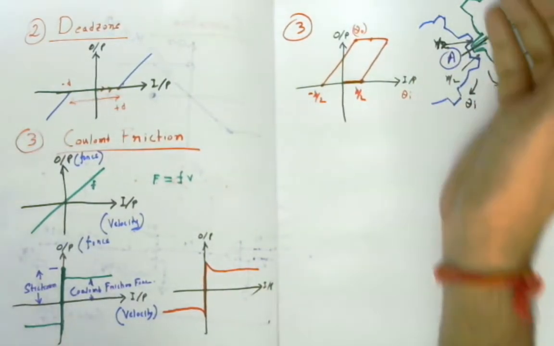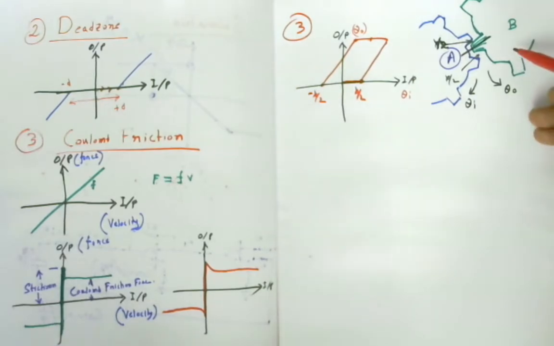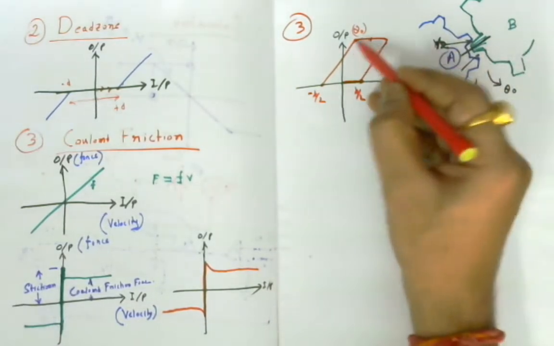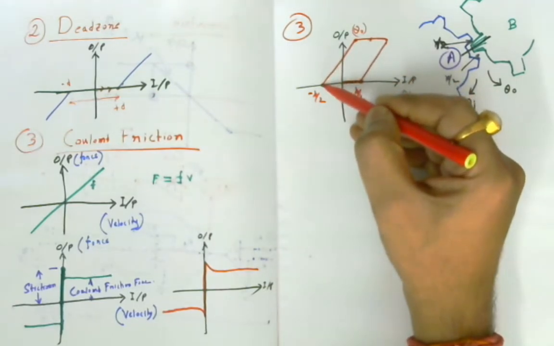Now if it is going in the opposite direction, the B gear is also moving in the opposite direction. That's why theta is again changing.